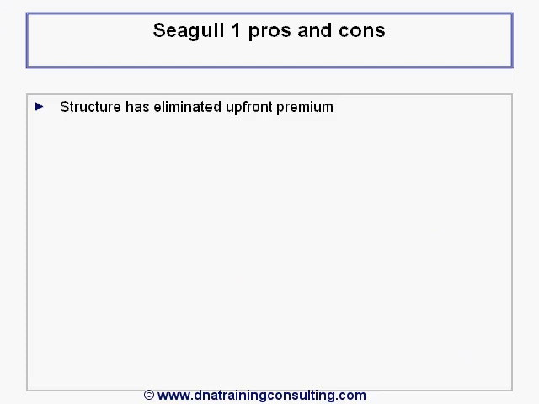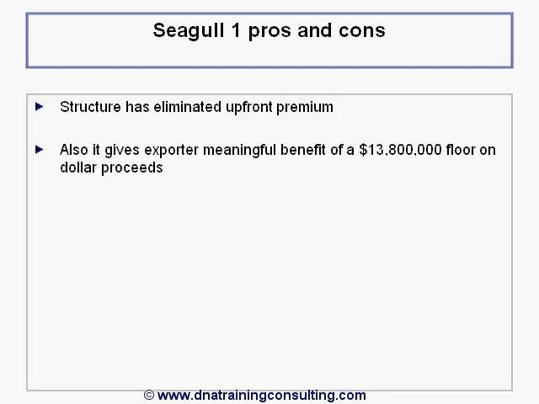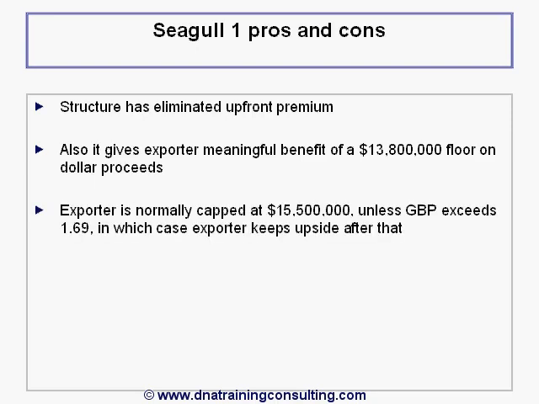The structure has eliminated the exporter's upfront premium entirely and provides the benefit of guaranteed minimum dollar proceeds of $13.8 million to be specific. And while the structure initially appears to cap aggregate proceeds at $15.5 million, the exporter in fact benefits from additional sterling upside if the currency ends above 169.